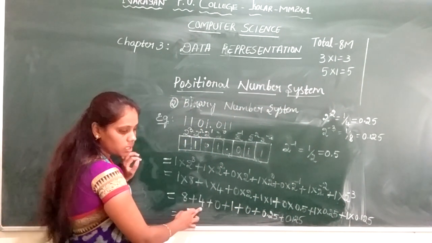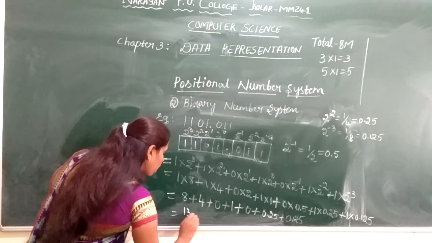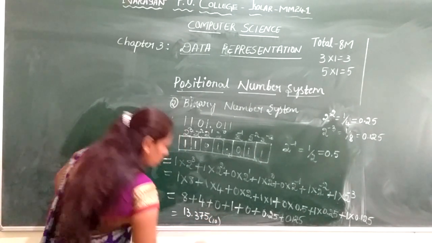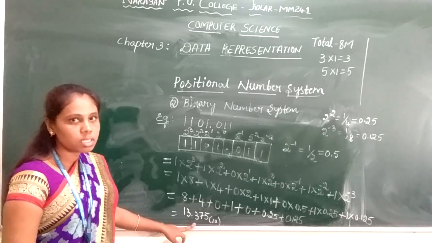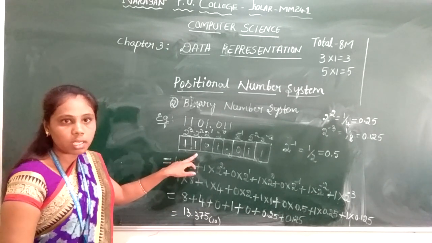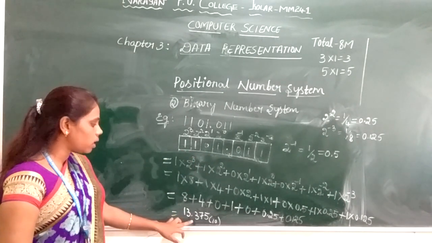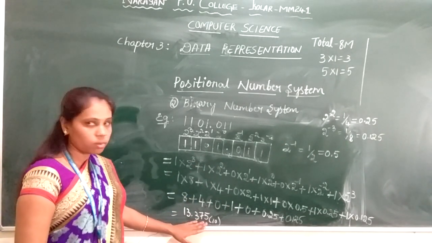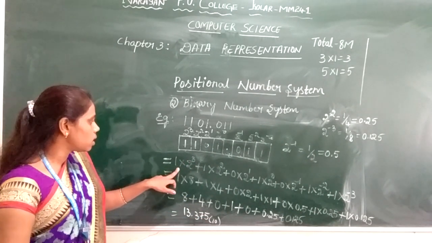Now add all these things, you will get the value as 13.375. The base is 10 because we are finding the decimal equivalent value for these given bits. The decimal equivalent value of these bits is 13.375.